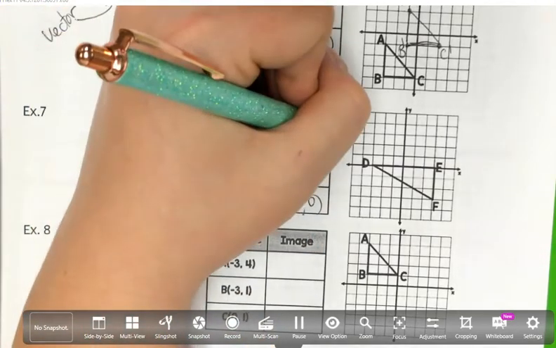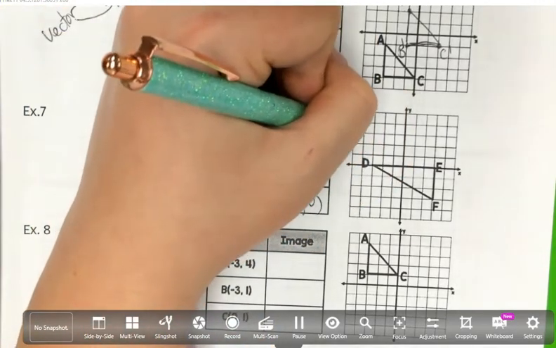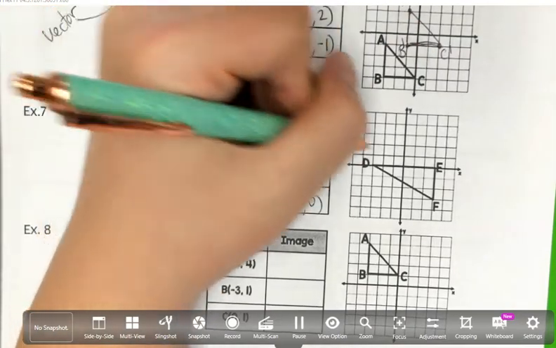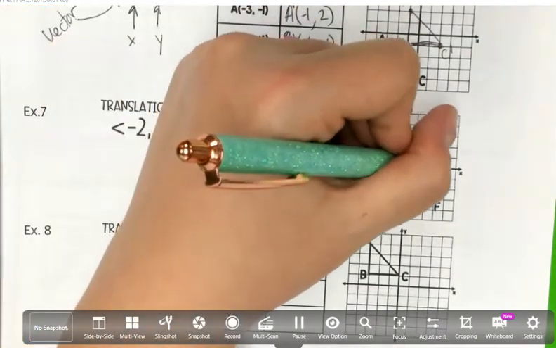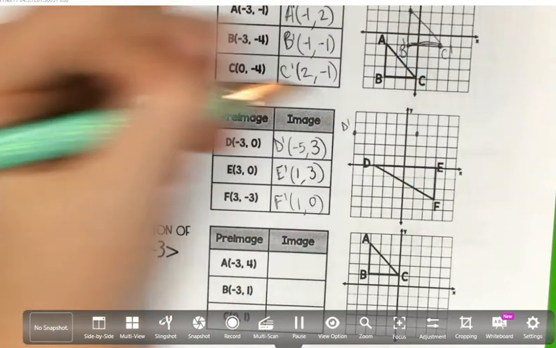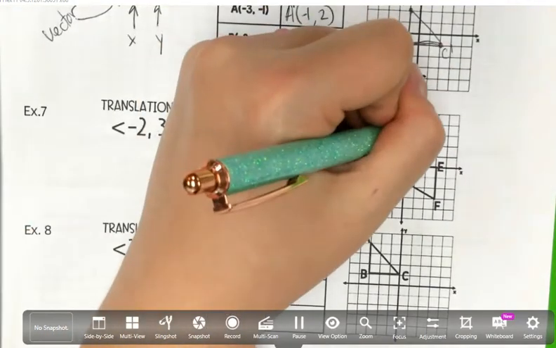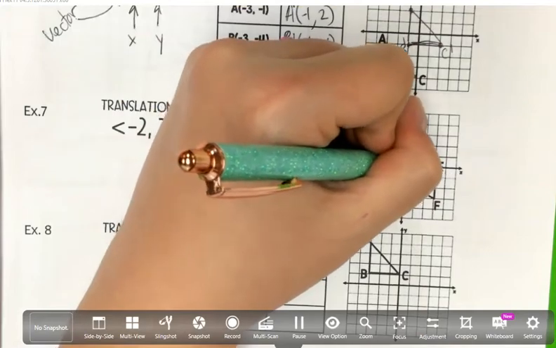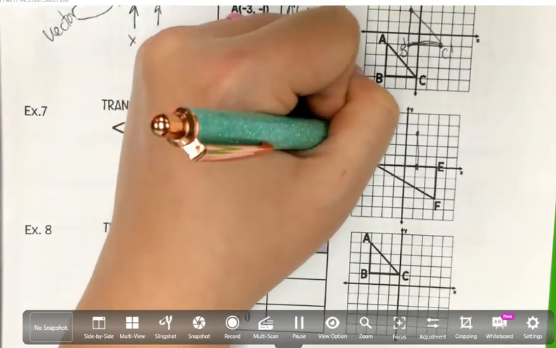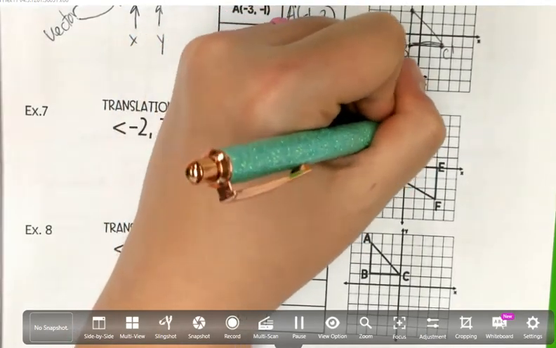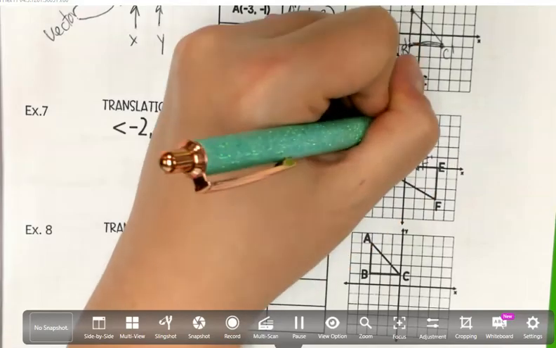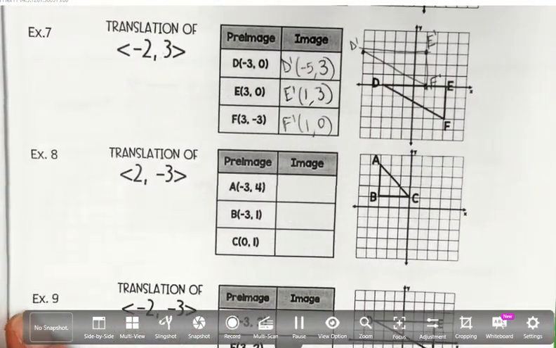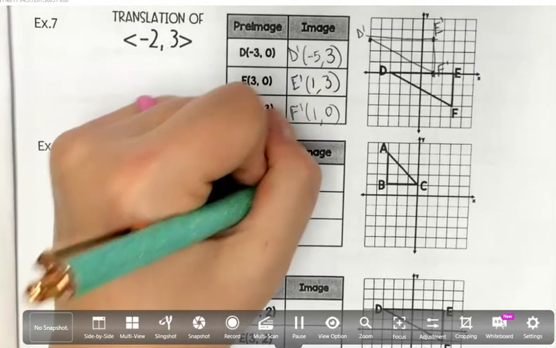So our points are now negative 5, 3 would be our D prime. 1, 3, and 1, 0. So our shape just shifted. I would highly suggest pausing it and then watching me do the next one after you've already filled yours in.